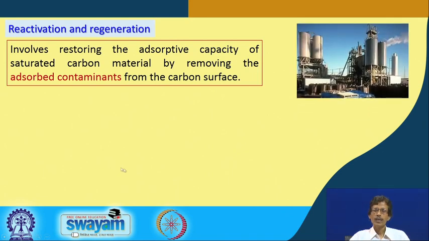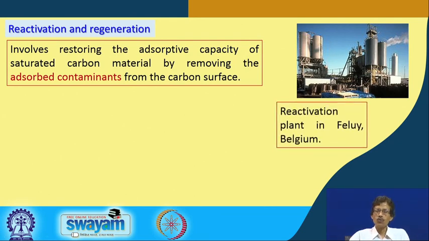So, industrially very big units are used, tank-like arrangements are also being used for the regeneration of activated carbon, because these particular columns are filled with carbons which have already adsorbed some chemicals or some gases or some other liquids.